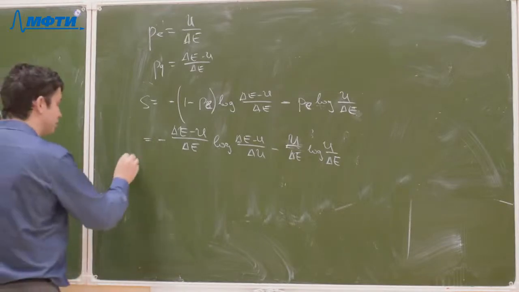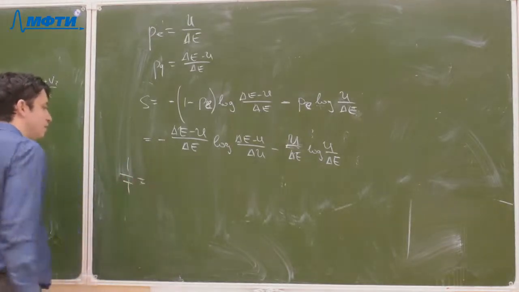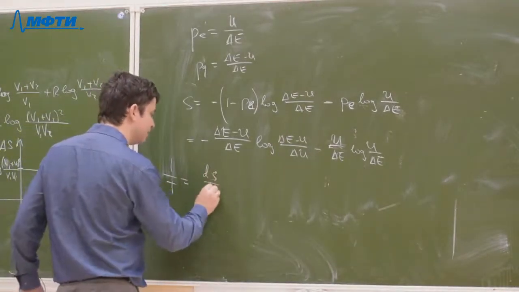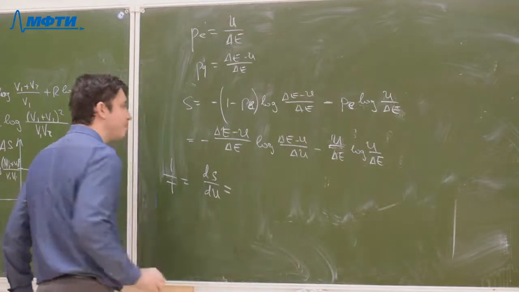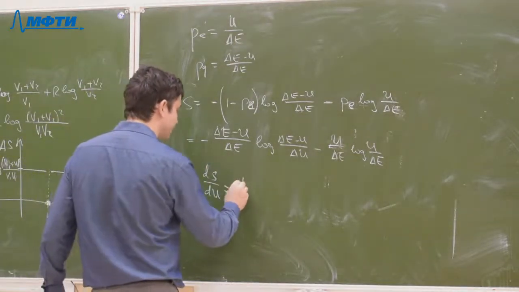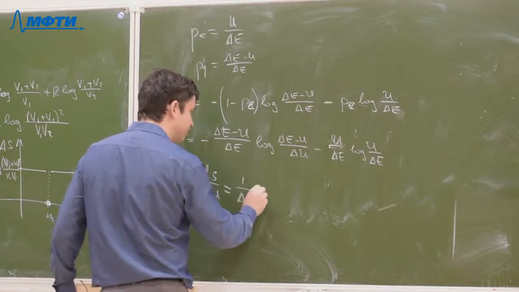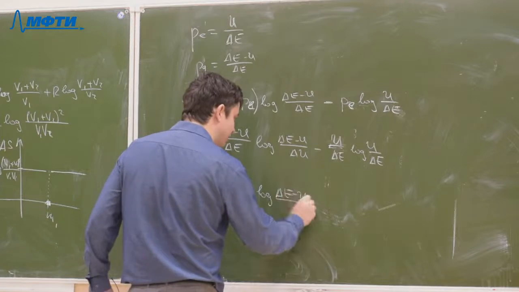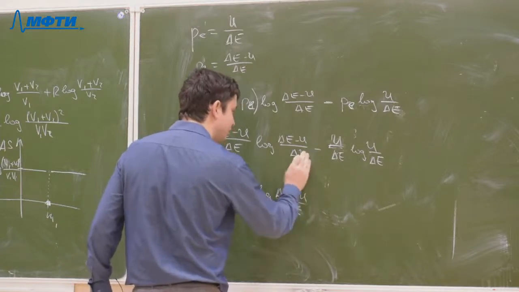So now let's calculate temperature, the reciprocal temperature, as dS over dU. Here we have 1 over delta E multiplied by natural log of (delta E minus U over delta E).